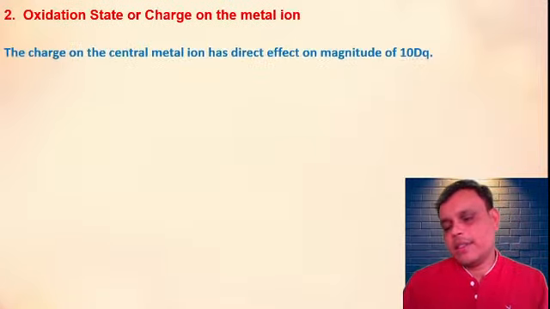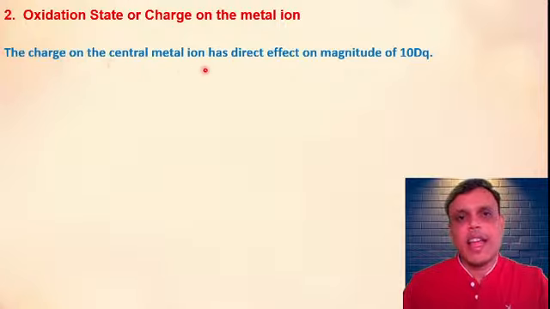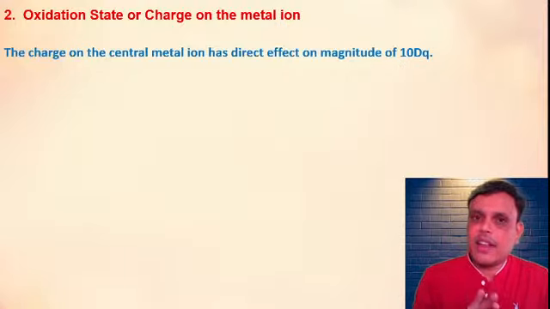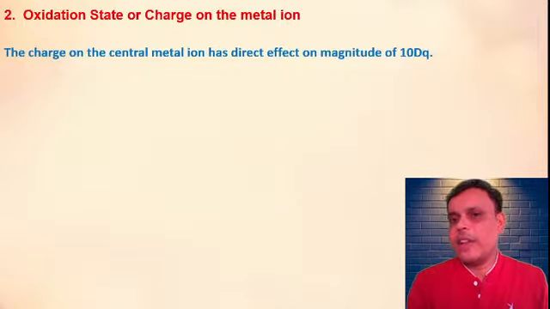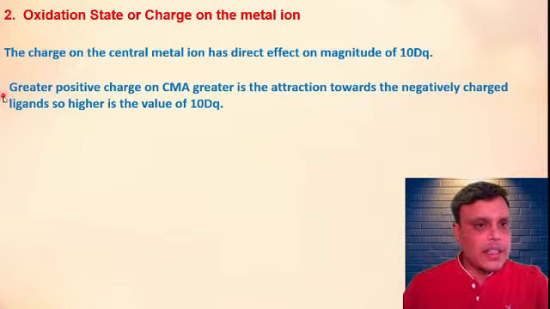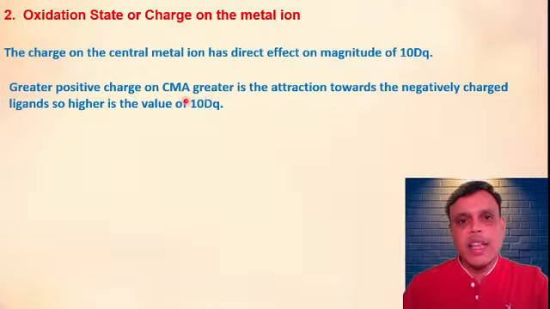Oxidation state or charge on the metal ion. The charge on the central metal ion or oxidation state of the central metal ion has a direct effect on the magnitude of 10 Dq. How does it happen, let us see. Listen to the sentence carefully. Greater the positive charge on the central metal atom, greater is the attraction towards the negatively charged ligand.